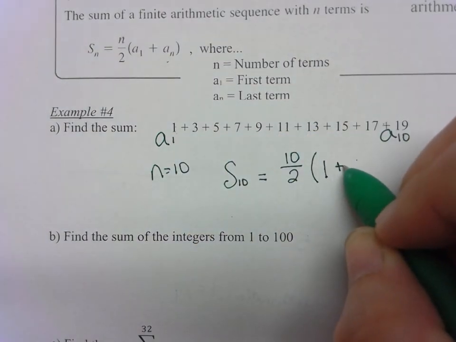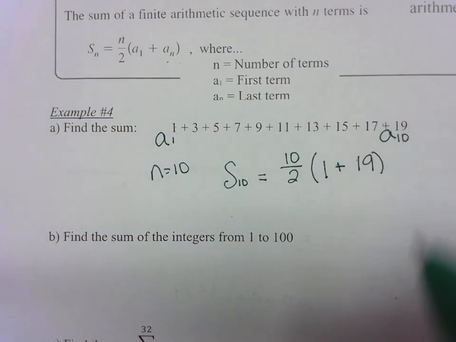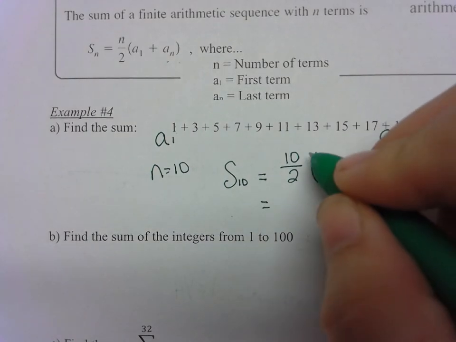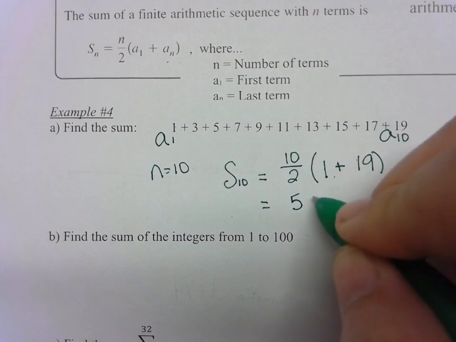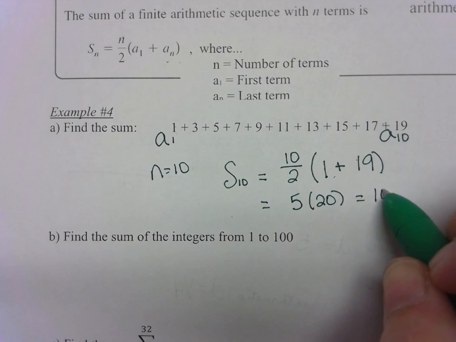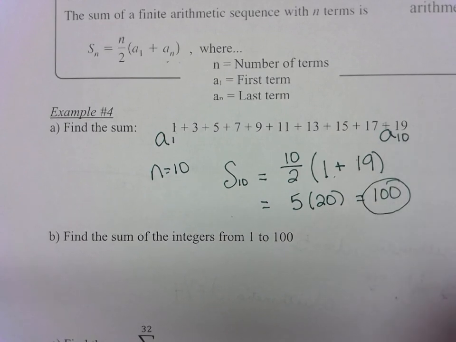Our last term, our nth term, is 19. Then you just do the arithmetic there. 10 over 2 gives you a 5. 1 plus 19 gives you a 20. And 5 times 20 is 100. So S sub 10 would be 100.